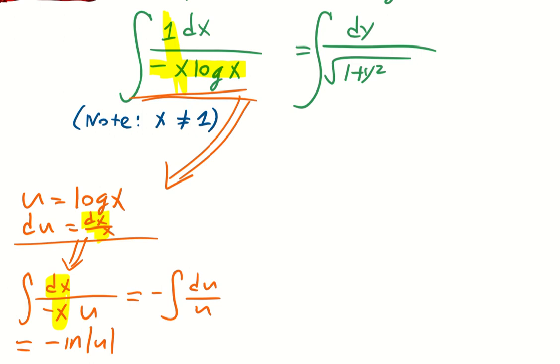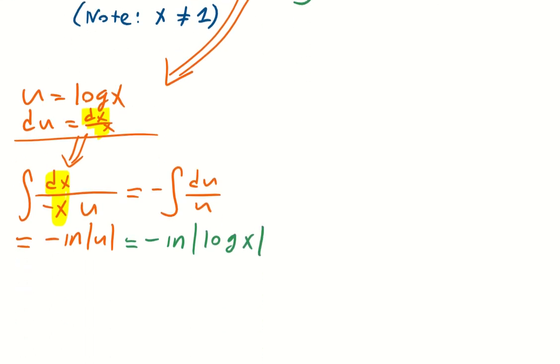But u happens to be the logarithm of x, and so this gives us negative natural logarithm of the absolute value of log x. So this is the left-hand side. But let's note something. Technically, we really should put an absolute value sign with this x, because x cannot be 0. So x must be greater than 0.